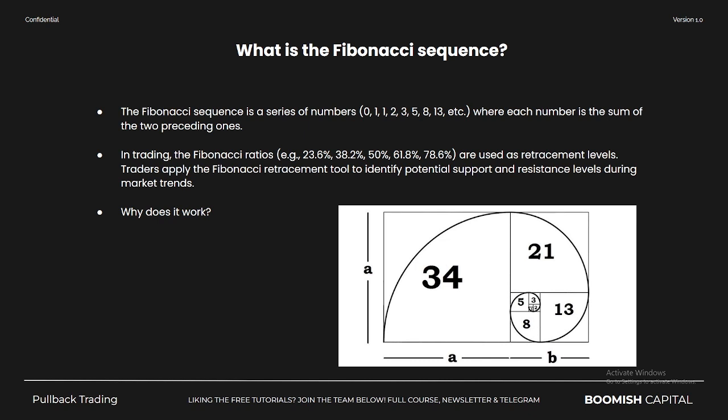Wherefore, it is kind of a self-fulfilling prophecy: at this level we want a buy up, or at this level we want a retracement, and at this level we want to see XYZ. That would be a self-fulfilling prophecy because so many traders will be looking at the Fibonacci levels to then sell or buy a certain stock or crypto at that specific level.